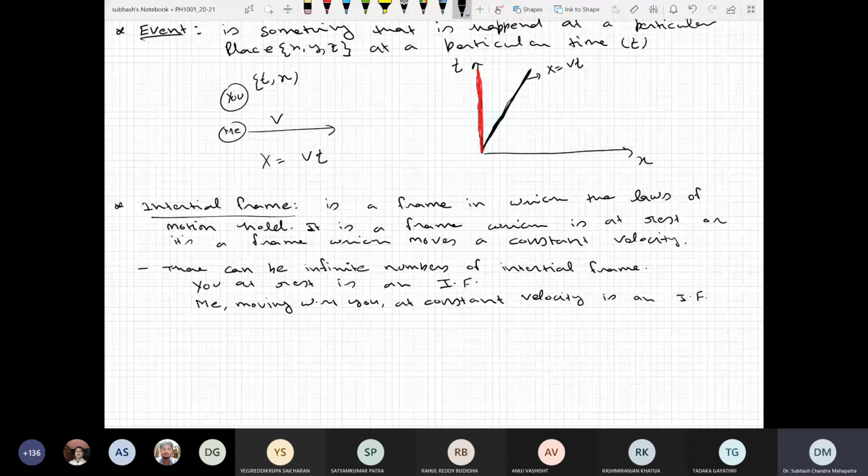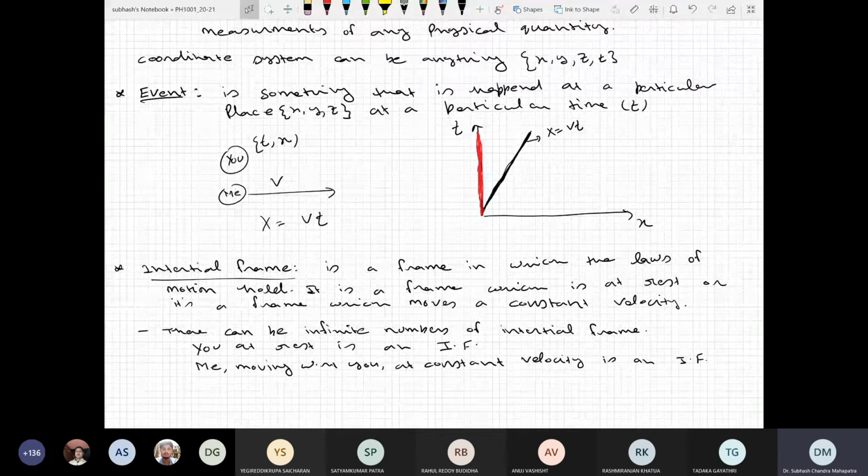So what does it mean? Let's say lightning happened at Rourkela. You can measure the coordinates and the time of that lightning in your frame. You will say it happened at this value of x, this value of y, this value of z, and this value of time. At the same time, I can also measure that lightning from my frame of reference and say it happens at this value of x, y, z, and t.